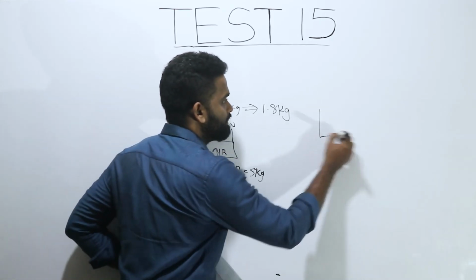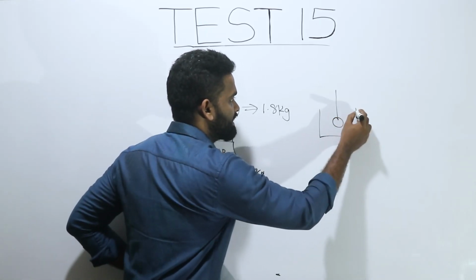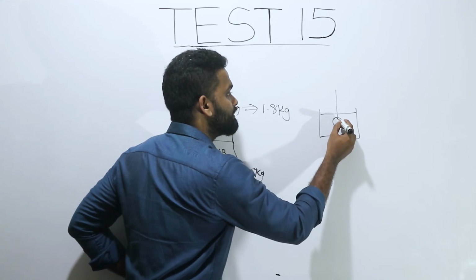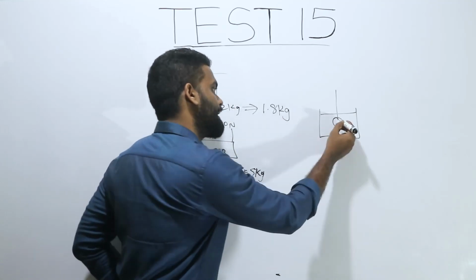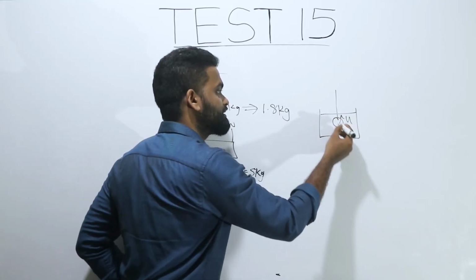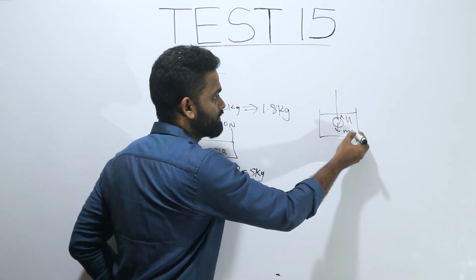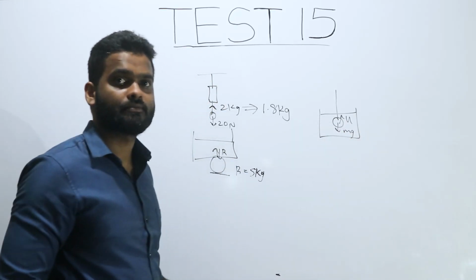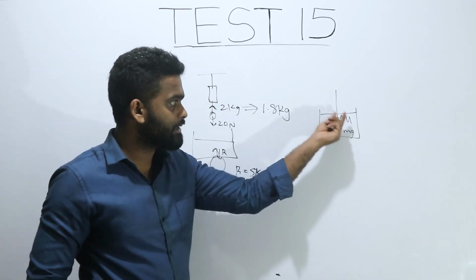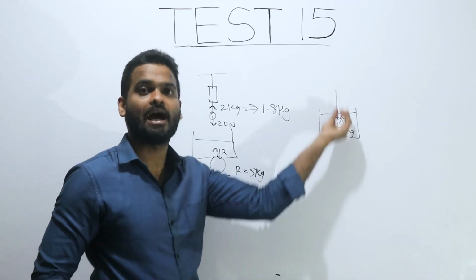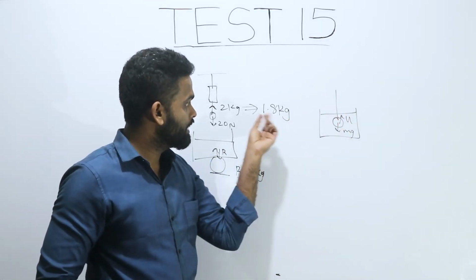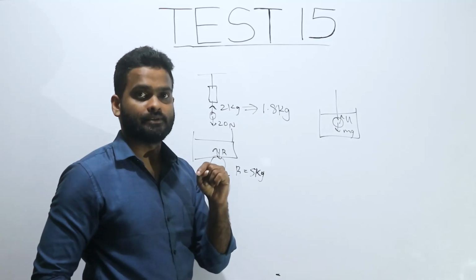So when that object is immersed, there's an upthrust acting on that object additional to the mg. Since the upthrust is acting upwards, this reading decreases.